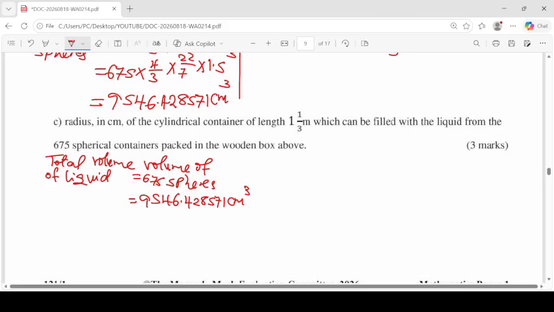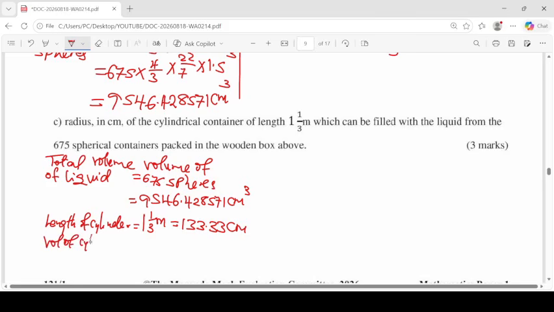So considering this, the length of the cylinder, we've been told, is 1 1/3 meters, which is 133.33 centimeters. So let us apply the formula for getting the volume of the cylinder.